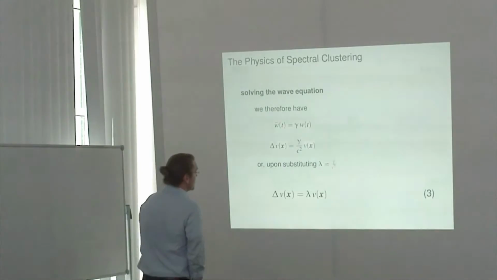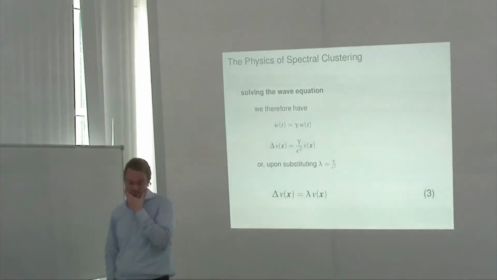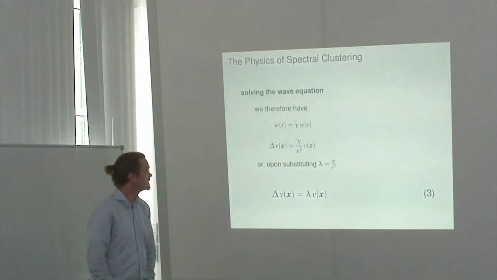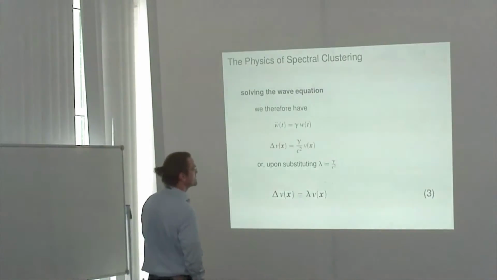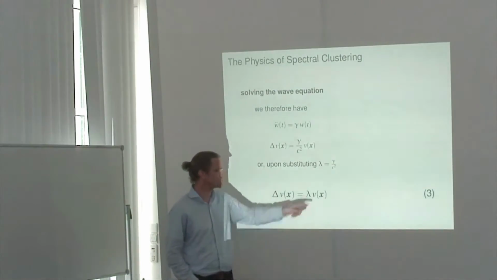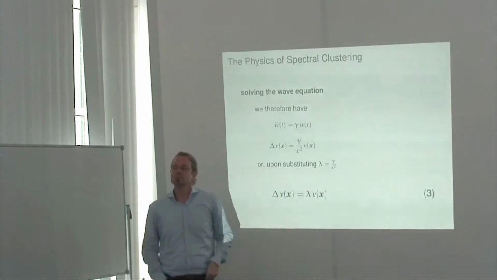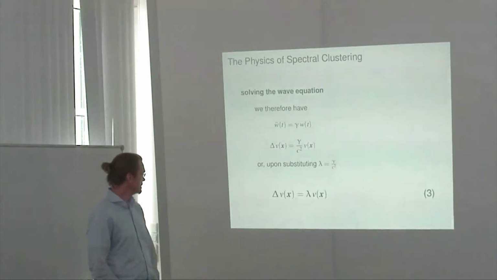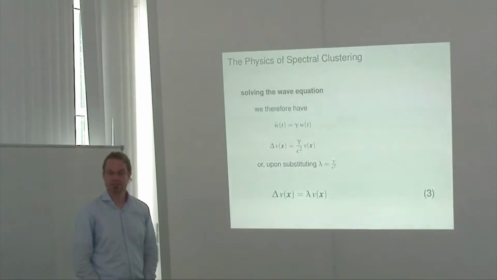And at the same time, we get that the Laplace operator of v of x is gamma over c squared times v of x. And I'm too lazy to write gamma over c squared, so I shall call it lambda. But that is then to say that Laplace v equals lambda v.